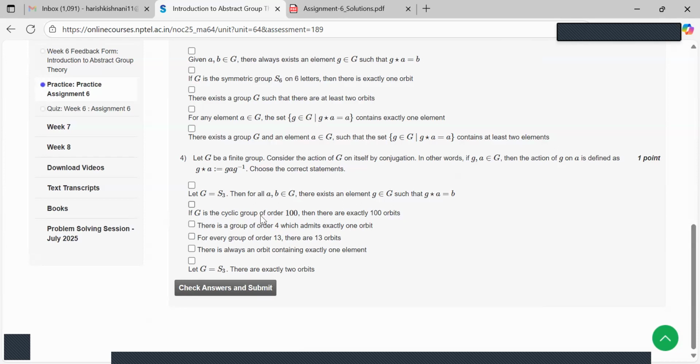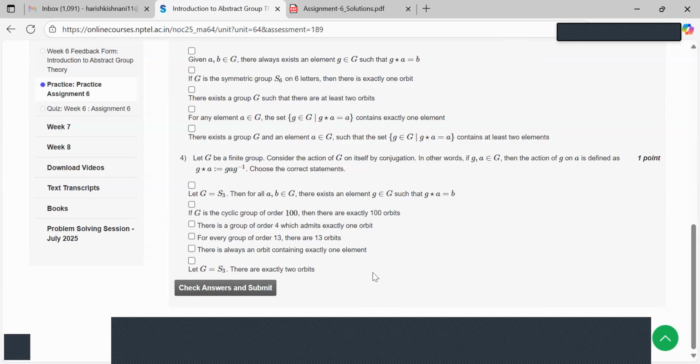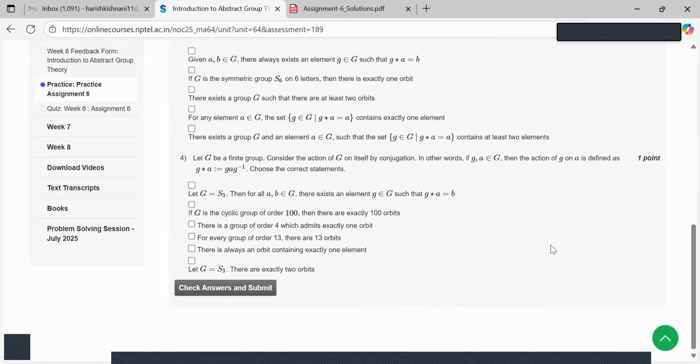Now, there is a group of order 4 which admits exactly one orbit. Is it true? No, sir. Reason? Again, this was seen in the assignment. There are at least two orbits in this case.